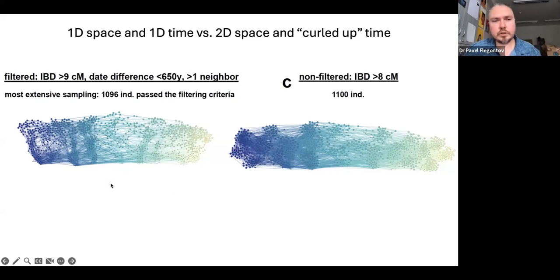If you want to visualize only the predominant dimension of space and time, we can remove IBD links between individuals whose dates are very different, let's say more different than 650 years on human time scale.